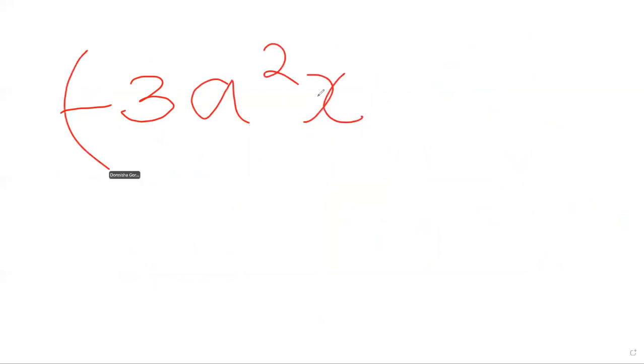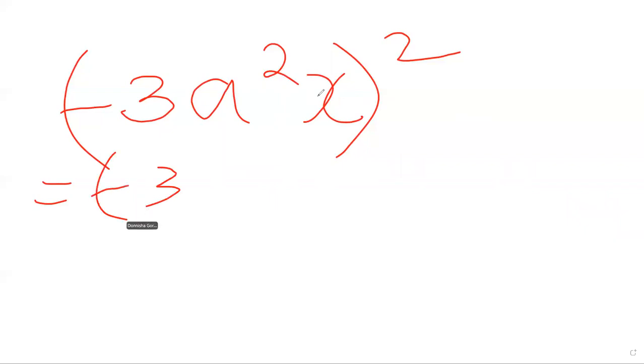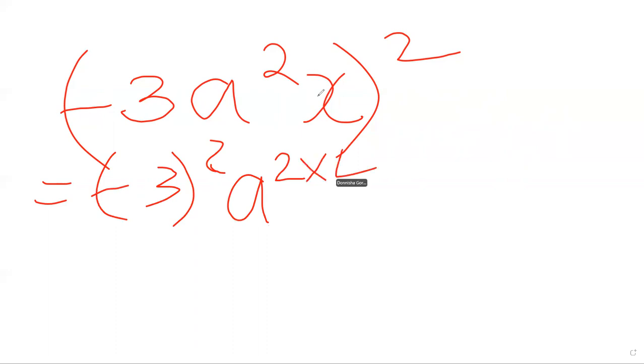All right, now we have -3a squared x, and all of that is being squared. It's very important that you identify what exactly is being squared. In this particular question, we are going to square the numbers and letters individually. So -3 is being squared. a squared is also being squared, so we know we're multiplying our powers.